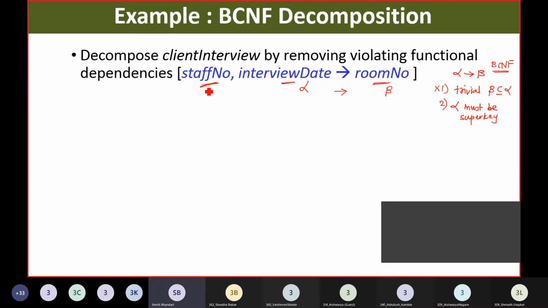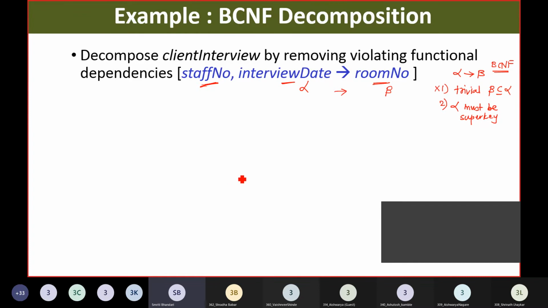of the relation. So if I look at staff number, interview date of this functional dependency, whether staff number, interview date determines all other attributes of the relation, then and only then will we say that this is my super key.